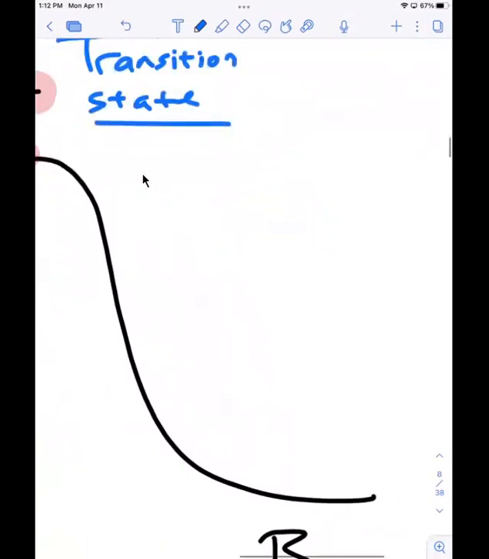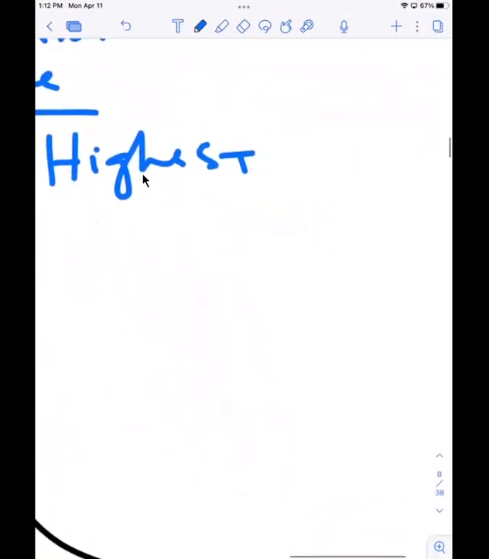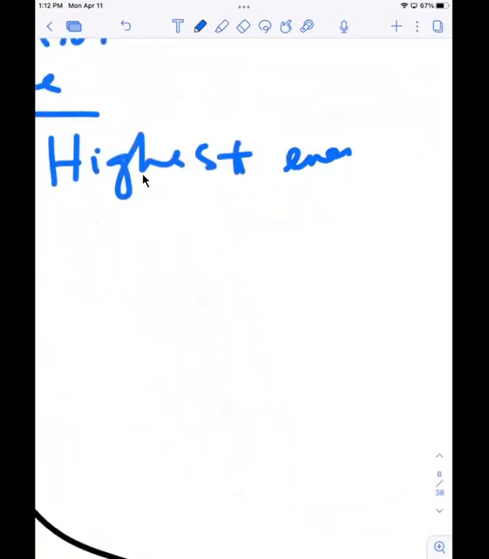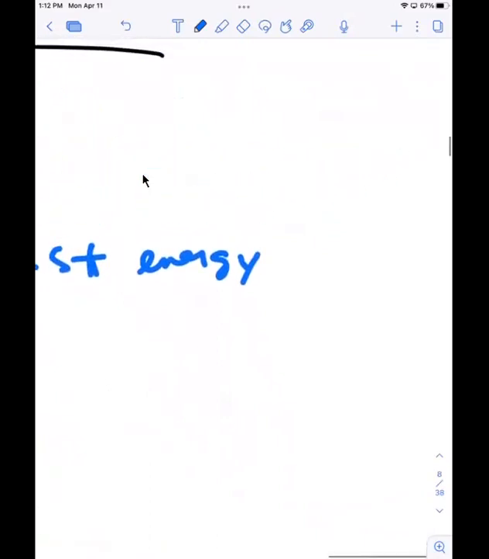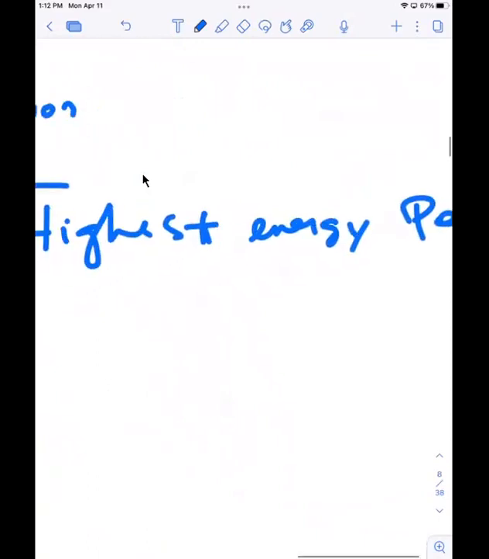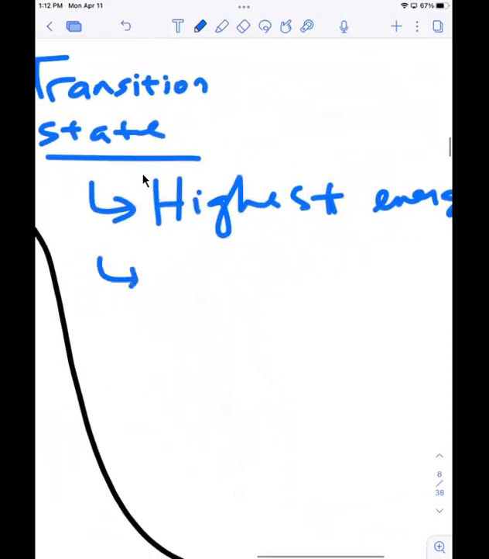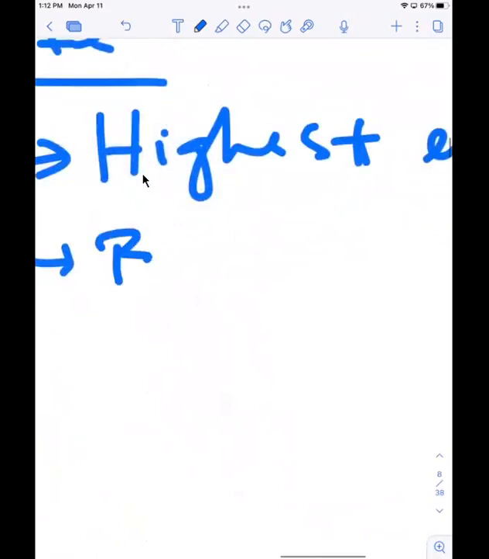So in the transition state, this is your highest energy point. It's also the place where bonds are broken and formed.